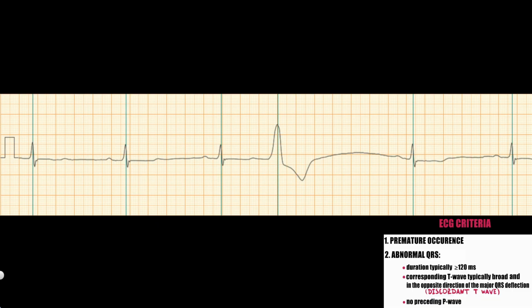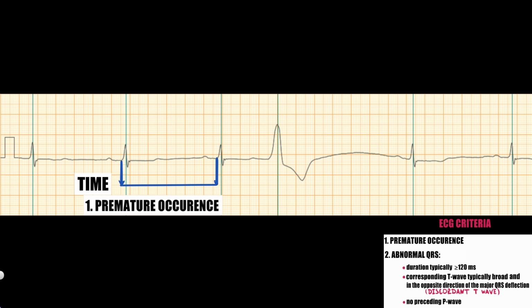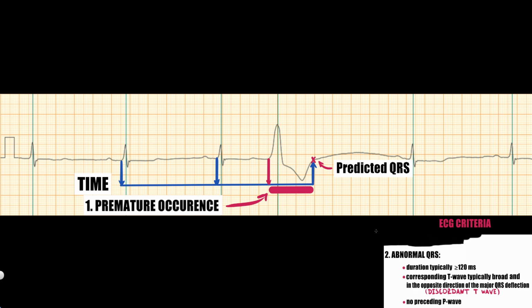Now let's find all of these criteria one by one on real ECG example. To check the premature occurrence, let's define the place where the next normal sinus QRS should be located. For this, measure the interval between the beginnings of QRS complex during the sinus rhythm. Now we see clearly that our QRS occurs earlier than predicted QRS, so the first criterion is present.